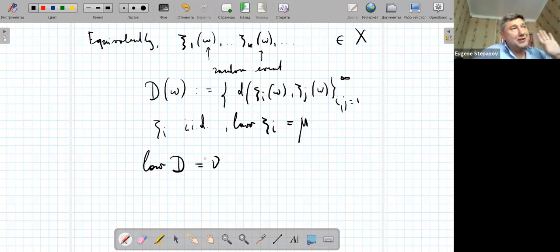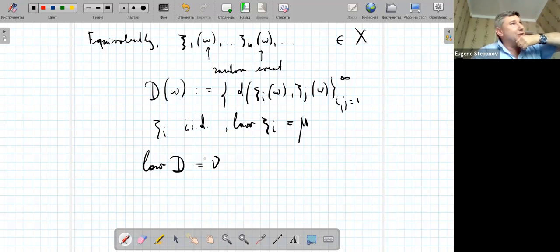So if you would like to translate this in a very practical language, suppose you would like to explain this to applied mathematicians or to engineers, you say the following: to get the complete information on your metric measure space, that is, on your hilly landscape, you start throwing randomly triples of points, quadruples of points, quintuples of points, then thousands of points, billions of points, and so on.